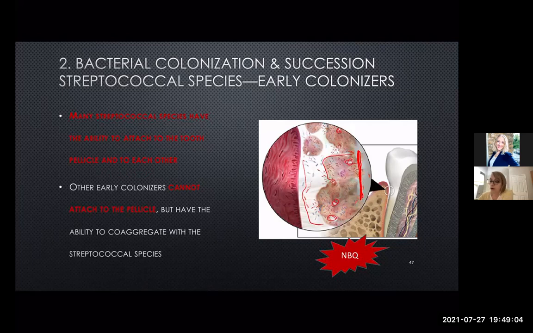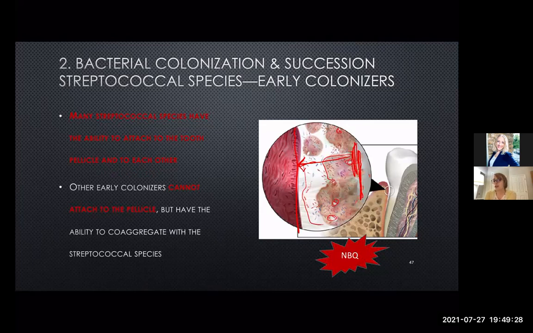Look at how close that bacteria is coming to the epithelium. Too close. So the more plaque biofilm we have, the closer it extends out to the epithelium from the tooth surface. And it's going to start causing a lot of issues.